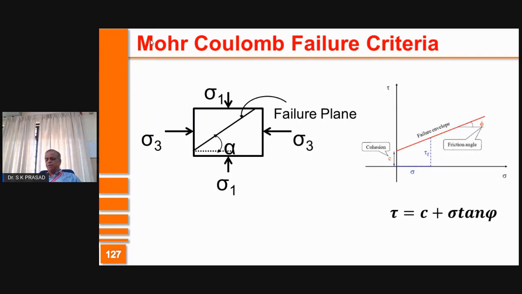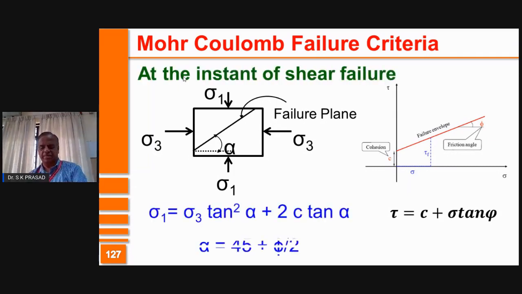This is the failure envelope, the failure criteria. And when a soil touches the failure envelope, it is said to be under failure equilibrium. So Mohr-Coulomb's equation is given by tau is equal to c plus sigma tan phi. All parameters are explained inside.